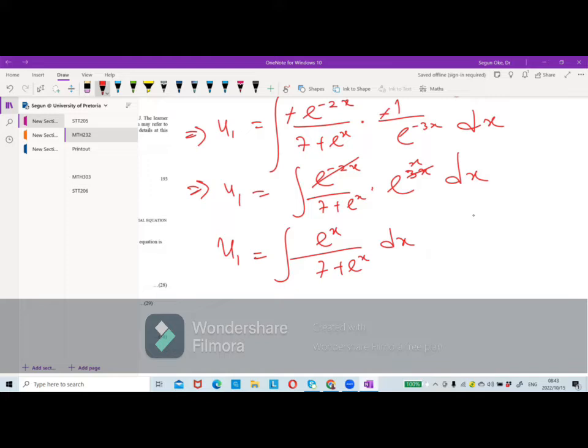Now, how do you integrate something like this? I need a good idea. How do you integrate this? Let u equal 7 plus exponential x. You remember this method? Yes, sir. The du is equal to what?